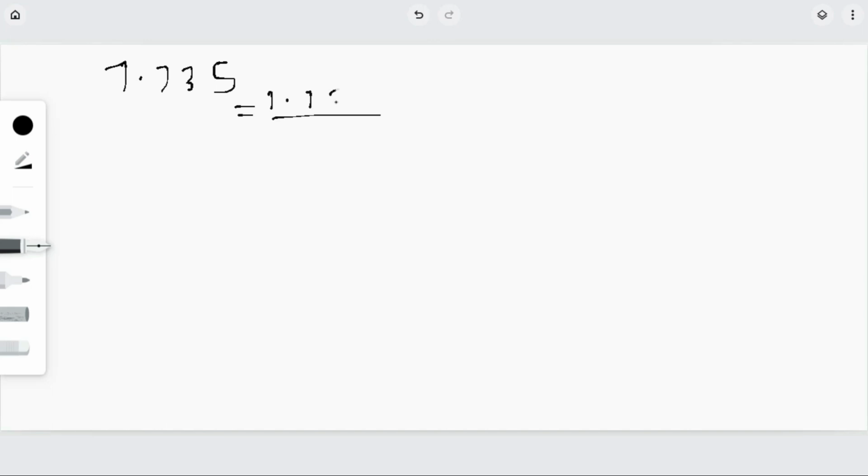You shift the decimal point one time, and you write 0. Shift the second time, you write 0, and you shift it the third time, you write 0. What we have right here now is 7735 over 1000. Sorry, over 1000.